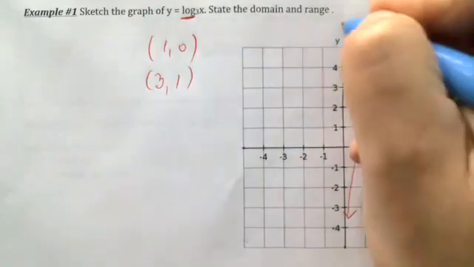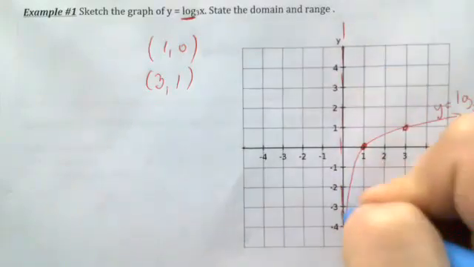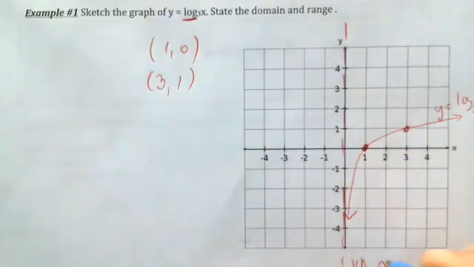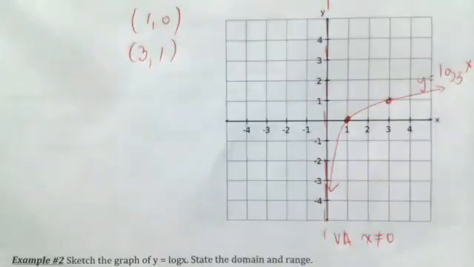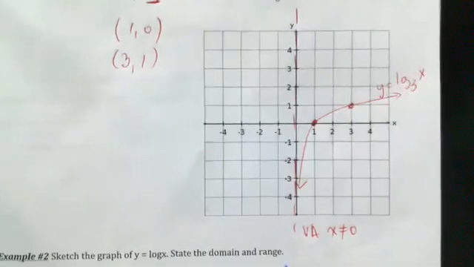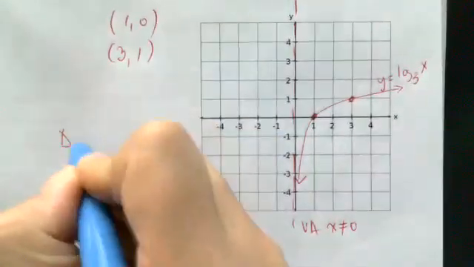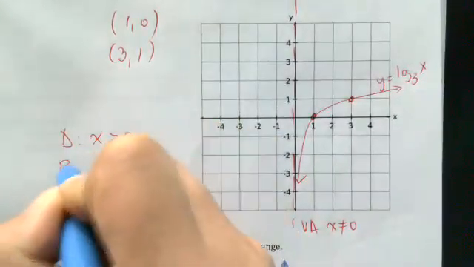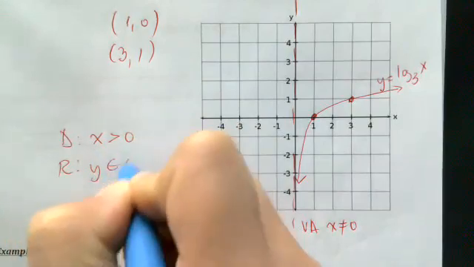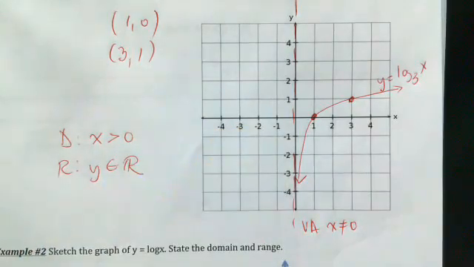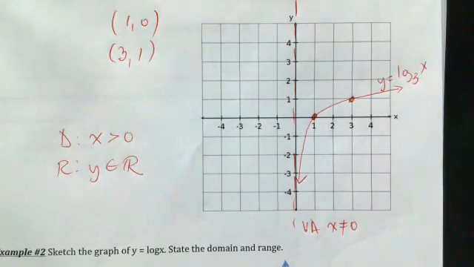And with the vertical asymptote at x equals 0. And for all of them, if they're just the parent type, they're all going to have the same domain and range, like I said. So x bigger than 0, y is a real number.